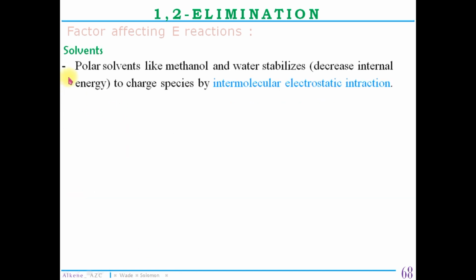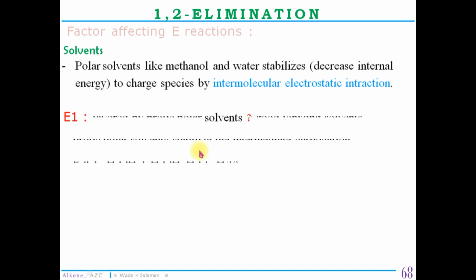Solvents: polar solvents like methanol and water stabilize charged species by intermolecular electrostatic interaction. We know in E1 a carbocation intermediate, a charged species, is generated.